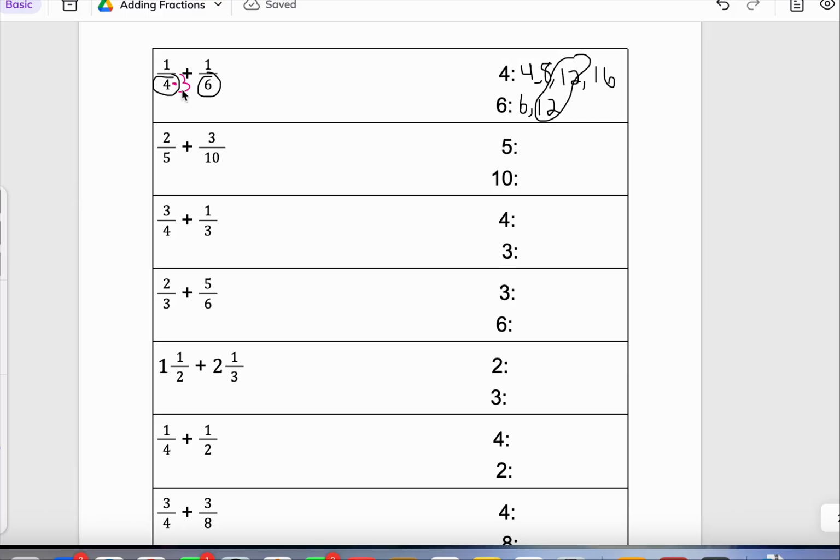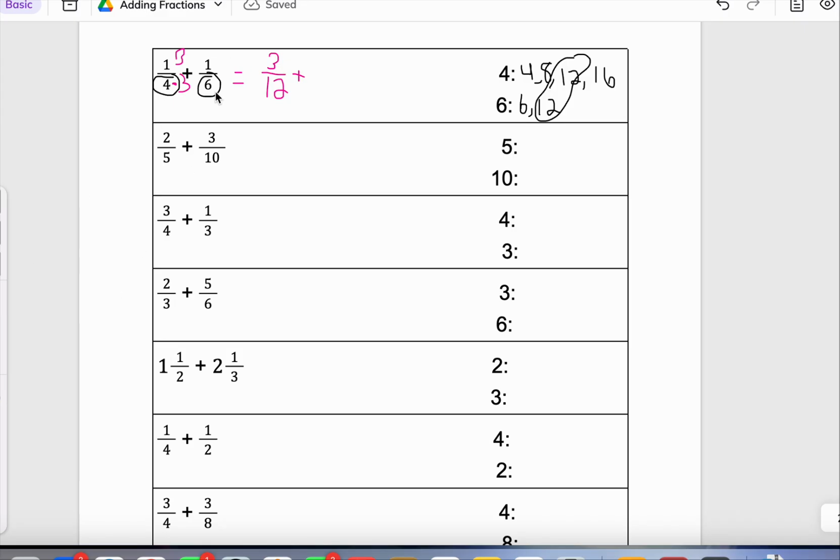If I multiply the denominator, I have to multiply the numerator. Unfortunately, I don't have time to go into why that drives me nuts, but it does. So that would be 3, because 3 times 1 is 3, and 3 times 4 is 12. So 3 twelfths. Now I have to convert 1/6 to twelfths.